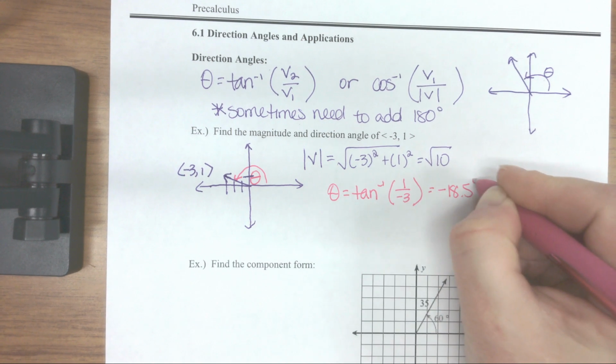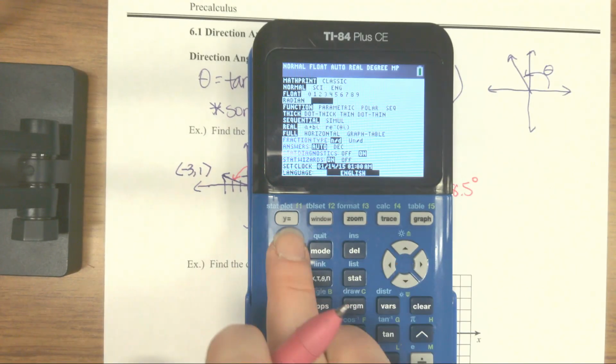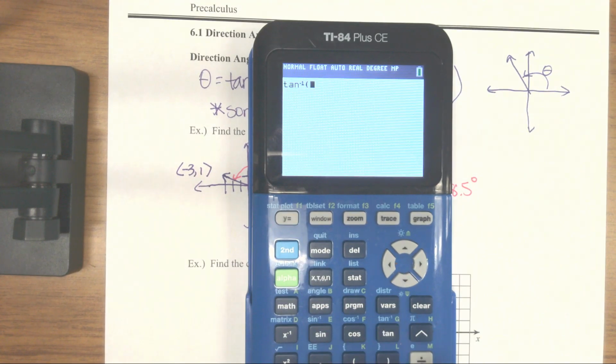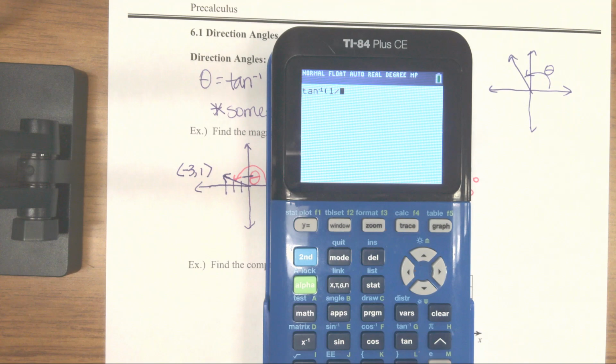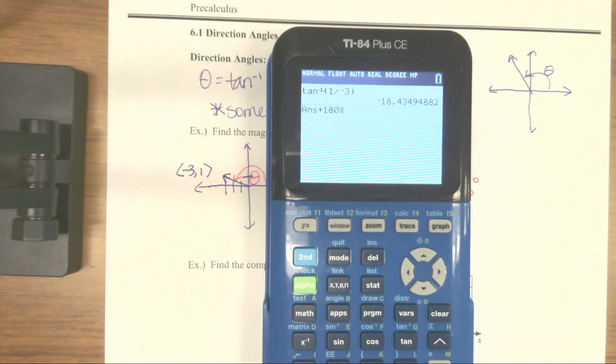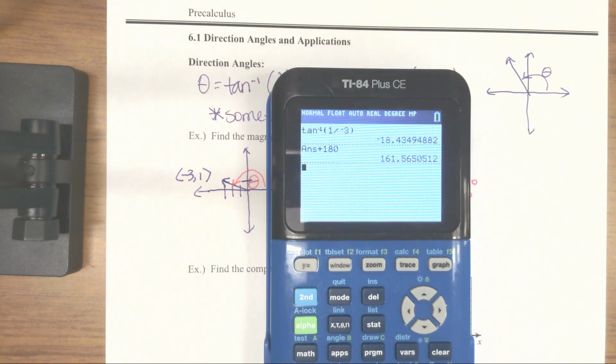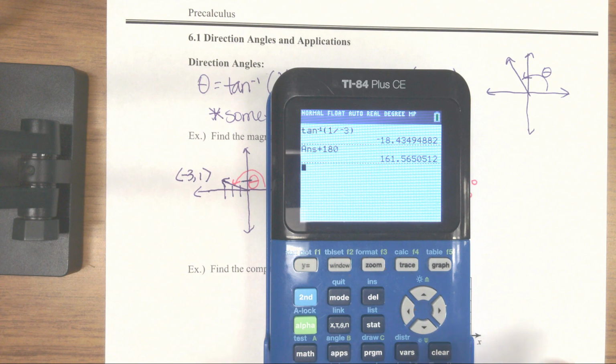And this is a case then where I'm just going to go ahead and add 180 to that, and that gives 161.6, or 0.5 or so.